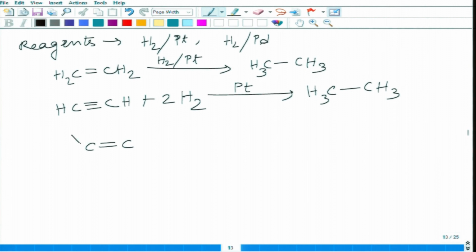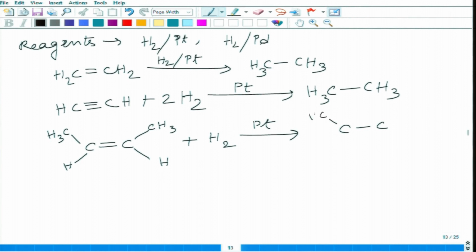Okay. Now, let us say we have this alkene. We have hydrogen, we have a metal catalyst. So, we get alkane like this.